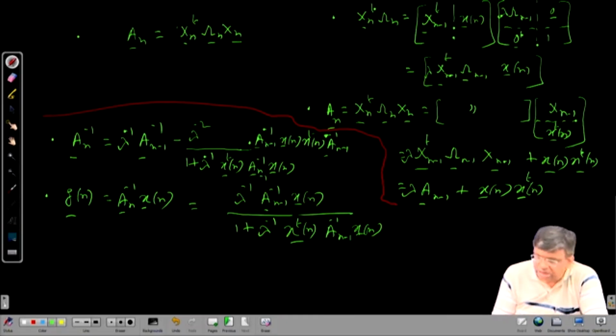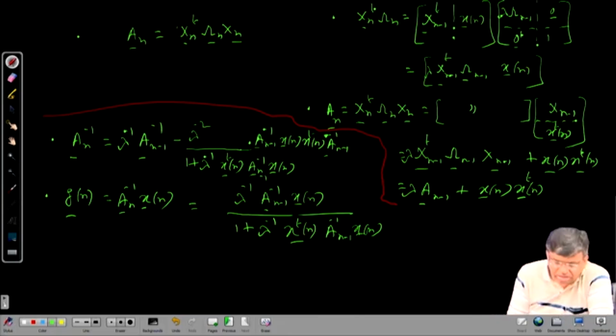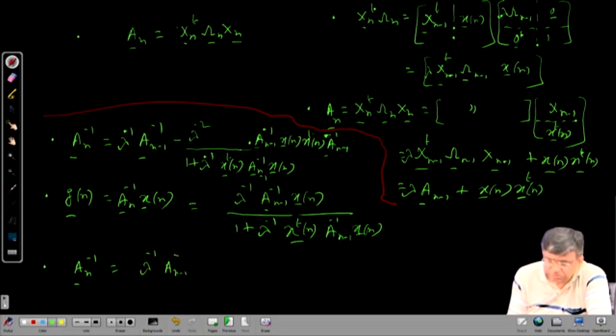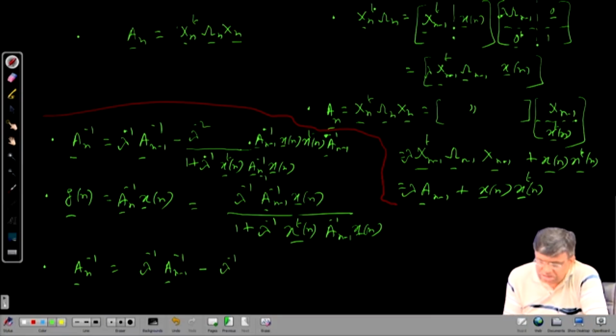So this was G n. Using this G n, we also had obtained this relation. A n inverse can be written like this, first term as it is, minus lambda inverse times the remaining part, which is G n, this part is G n, and then the last two.